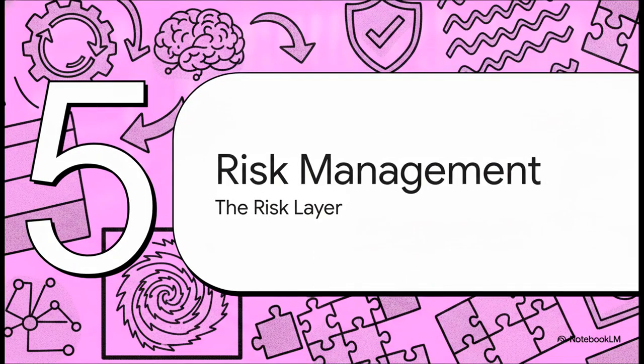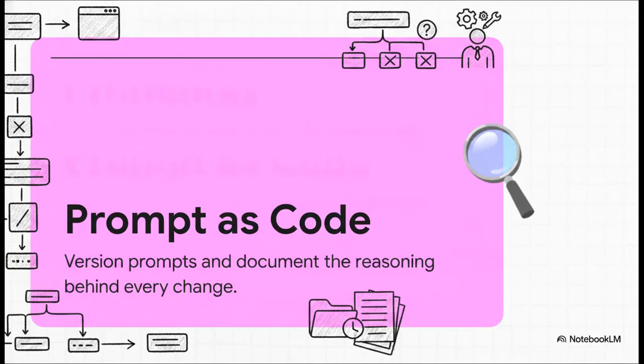Let's move on to Section 5, Governance and Risk Management, the risk layer. Here, we really have to treat AI as a living product that necessitates ongoing change management and strict risk mitigation. It's never just set it and forget it with AI. A foundational practice here is treating prompt as code.